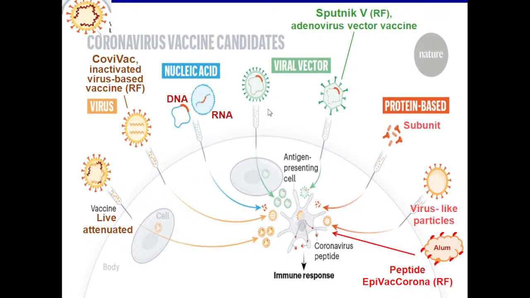Then the viral vector vaccine. This is the base for Sputnik, for example: an adenovirus vector incorporated with the specific gene that codes for the spike glycoprotein. So it also can be used.